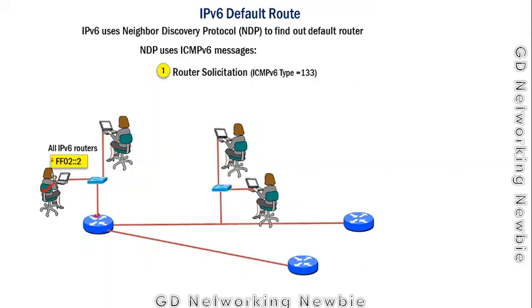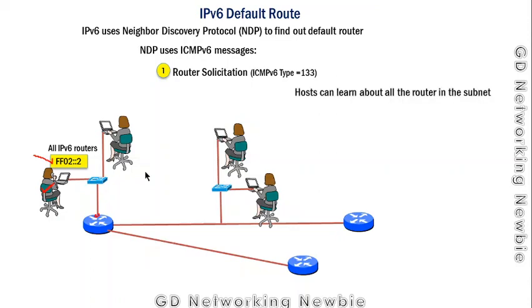By using this multicast address, the client asks all the available routers on the network. Because the scope is link local, on the same link, whatever routers are available, it will ask every router to introduce themselves.